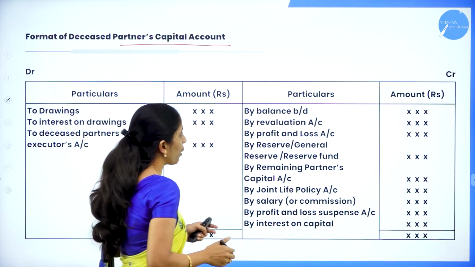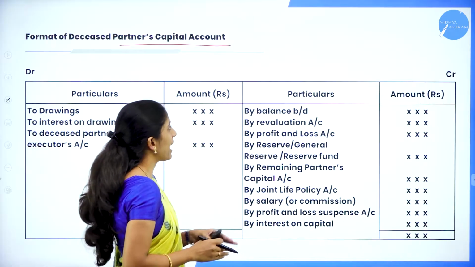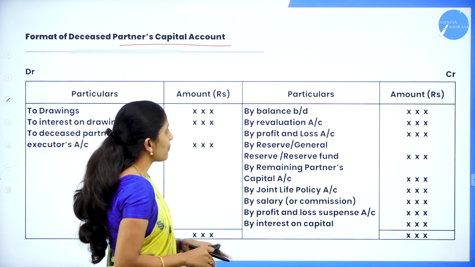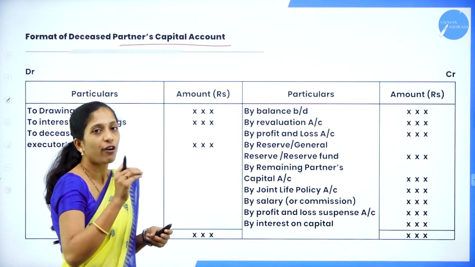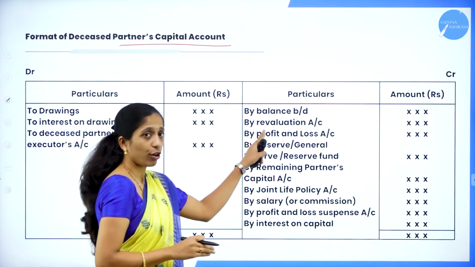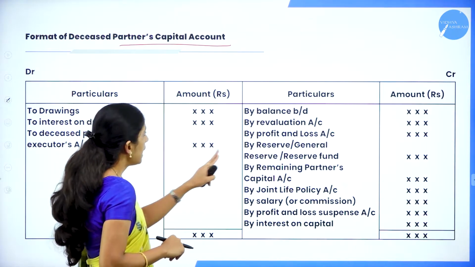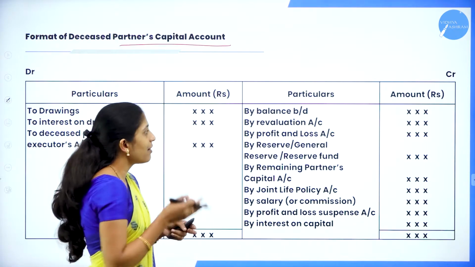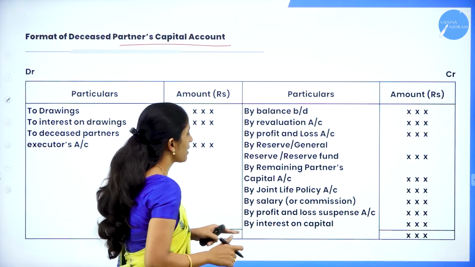Now what are you going to record on the credit side? By balance brought down, that is the amount you have to bring down, by revaluation account, by profit and loss account, that is the portion of profit that has to be given to the deceased partner. Next, his share of revaluation profit or revaluation loss has to be recorded. Next, his share of reserve, general reserve or reserve fund, and by remaining partners' capital account.